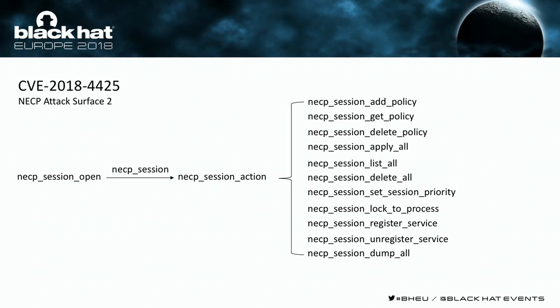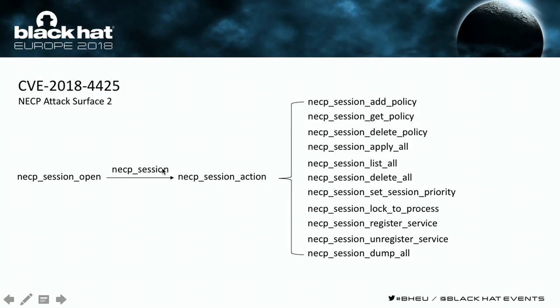Let's see another attack surface. It's very similar to the first one, just with a different name, the NECP session open and the NECP session action. Very similar to the previous one. The NECP session open will create the kernel object NECP session and return the handle to the user mode fuzzer.